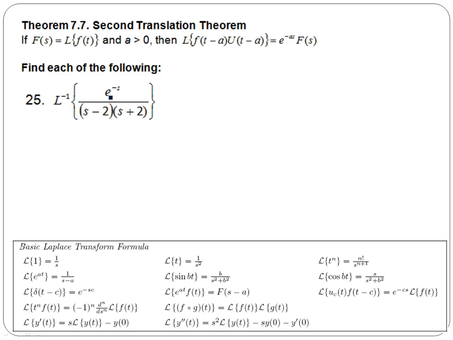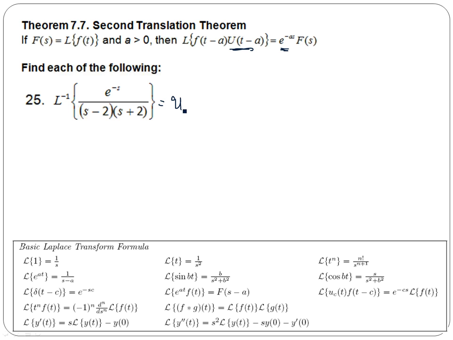Okay, here we have another inverse Laplace transform, and notice that I know that I'm going to use the second translation theorem because I have an e to the negative s in my function, and that e to the negative s gives me a unit step function when I apply the inverse transform.